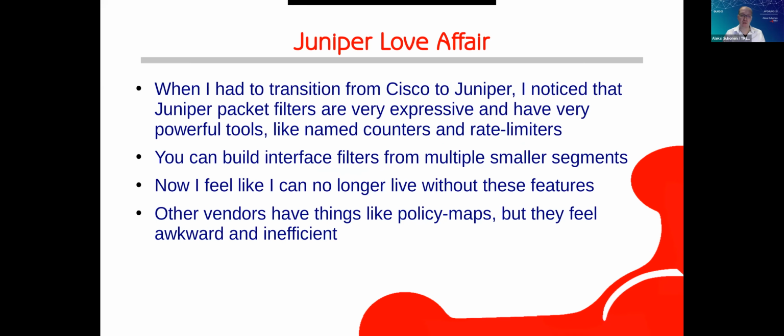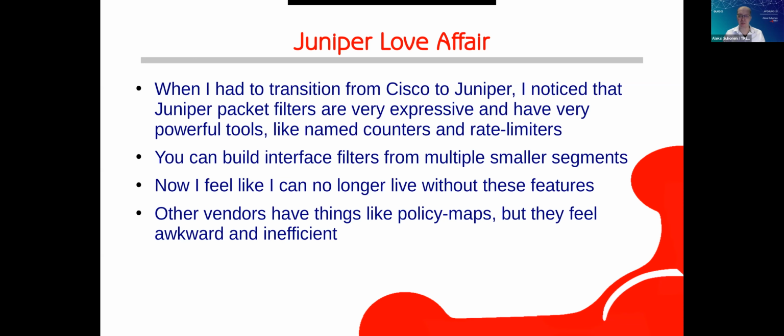Initially, for the first 5 or 6 years when I was on the internet, I used Cisco because there really weren't a lot of alternatives back then. But then at the turn of the century, Juniper came along. When I had to transition to Juniper, I noticed that their approach to packet filters was a lot more powerful than Cisco's.